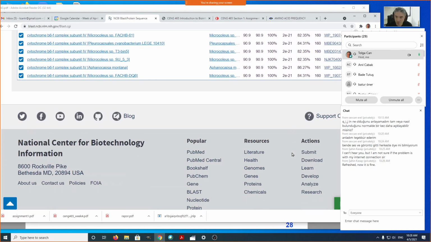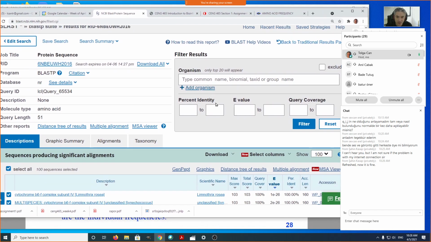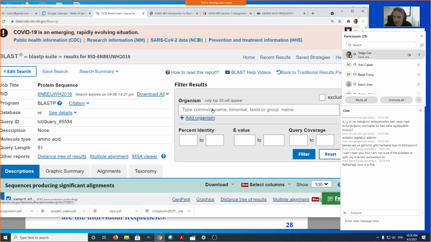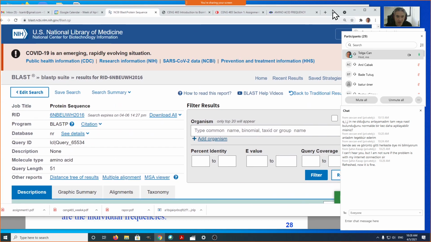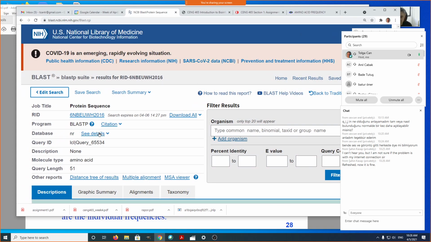What I want to show you from here is the BLAST parameters. Let's see where it is. In the previous version of BLAST, it was at the bottom, the additional statistics. It's somewhere probably here. How to read this report. See details, yes, here.